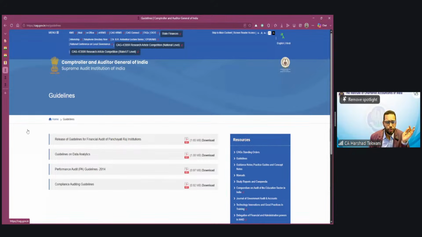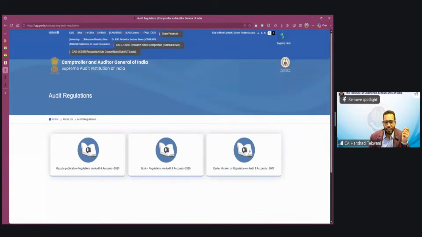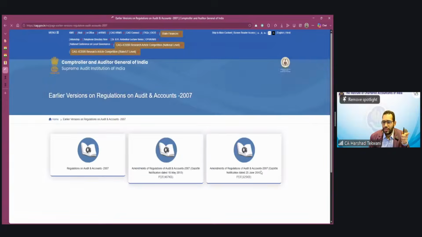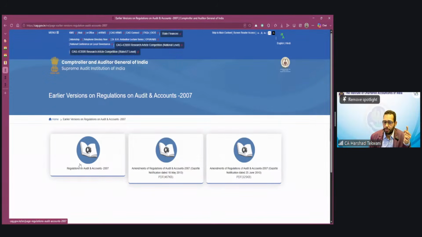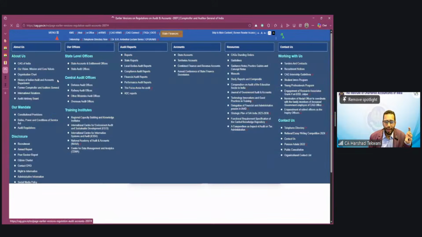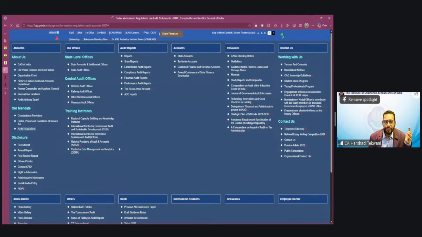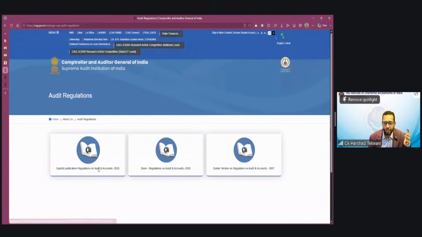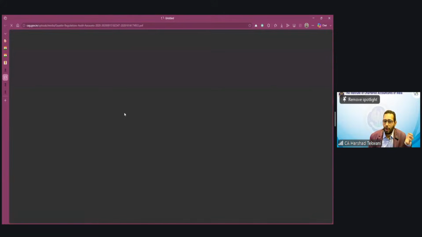Let me show you. So, audit regulations, yes, 2007. Before this version, there were the 2007 regulations, which were amended from time to time. Then in 2020, these regulations were amended, and now we have the 2020 Regulations on Audits and Accounts.